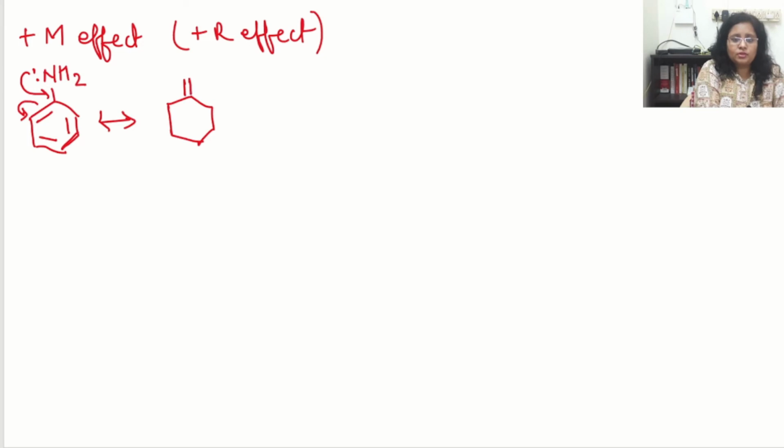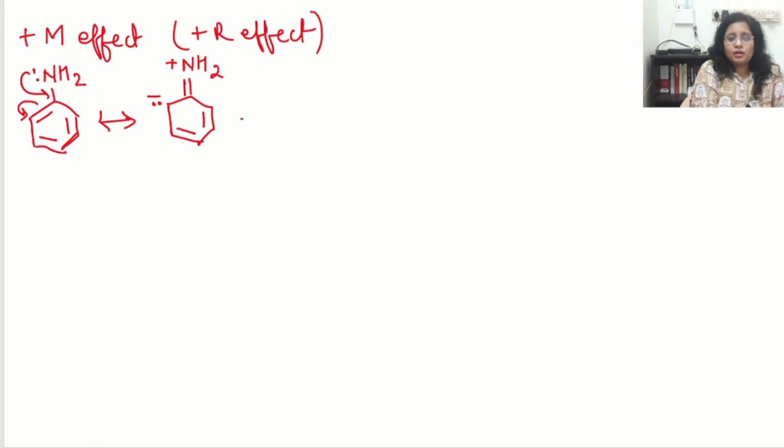This will turn to double bond because one bond is already here and one bond is coming, NH2. And this will have a plus charge because electron is shifting away from nitrogen. Here, the minus charge is localized here, and here one bond and here one bond.